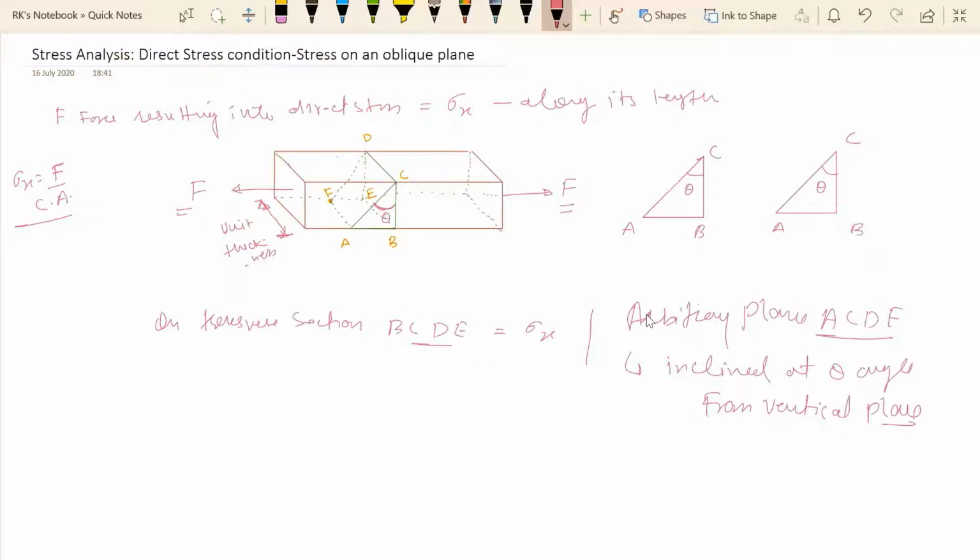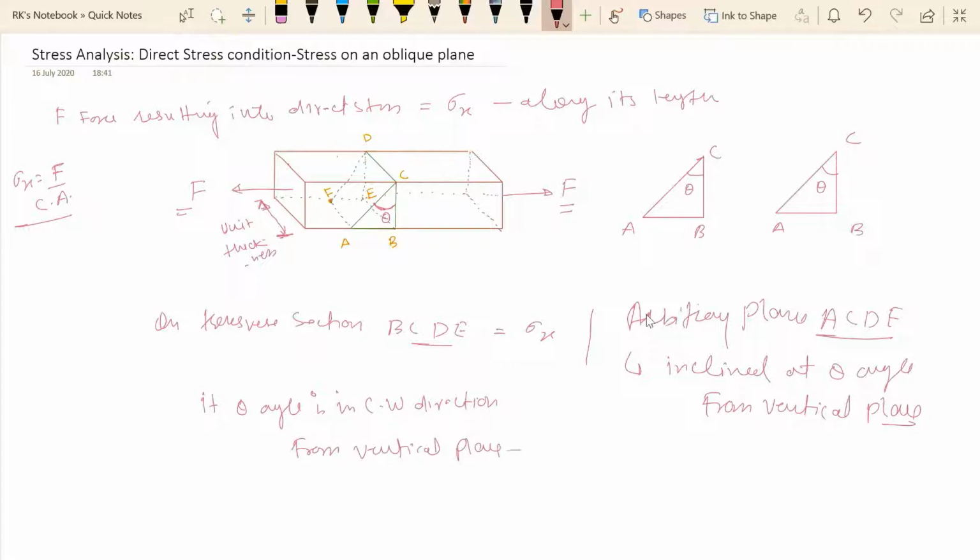Here is the sign convention for theta that we will use throughout this module. We consider theta as positive if theta is measured in the clockwise direction from the vertical plane.